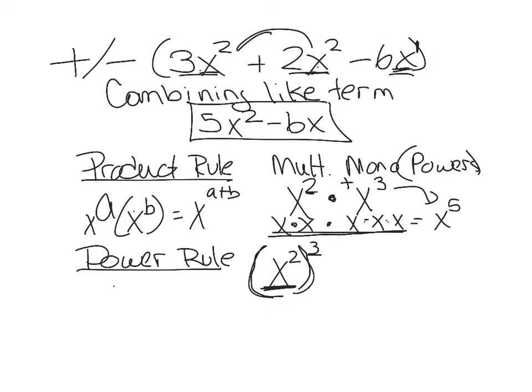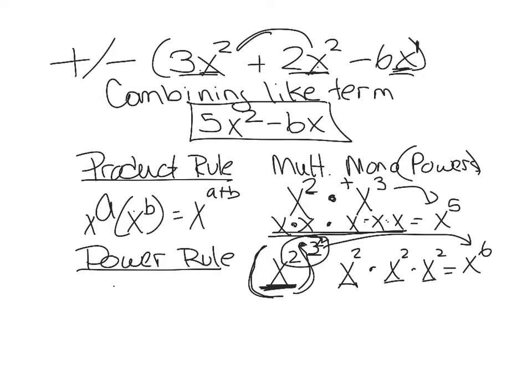So it's saying to multiply this power 3 times to itself. So x squared times x squared times x squared. Well, we know if we're multiplying powers, we add the exponents and we get x to the 6th. So what they discovered is instead of adding the exponents on this one, you would multiply. So 2 times 3 is 6.